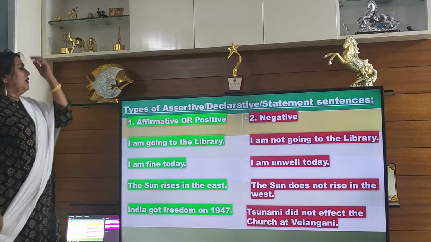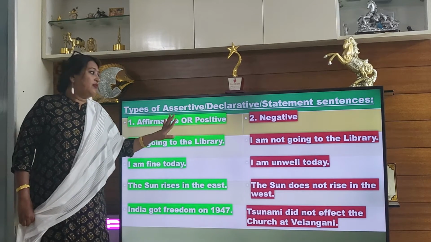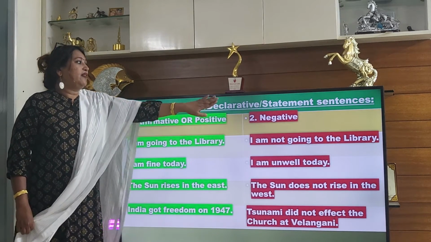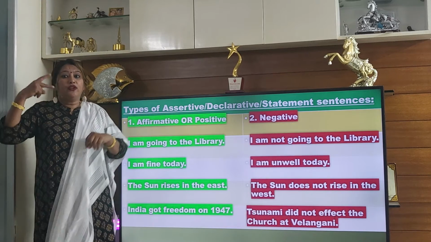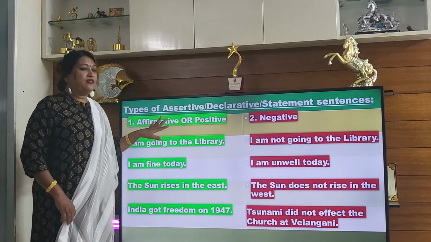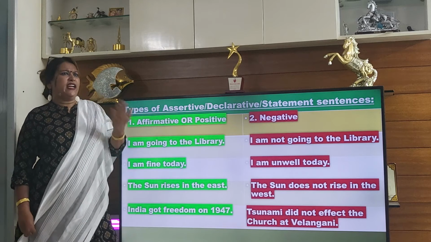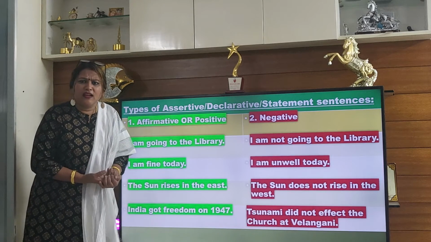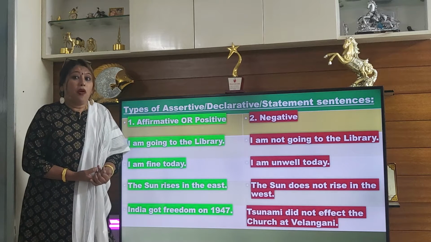Now, second kind is, in assertive itself, in the assertive, declarative and statement, the same sentence, what happens? There are again two variations. One is affirmative and second is negative. See, when I say negative and positive, you understand very well. But you should also know the second name of positive.